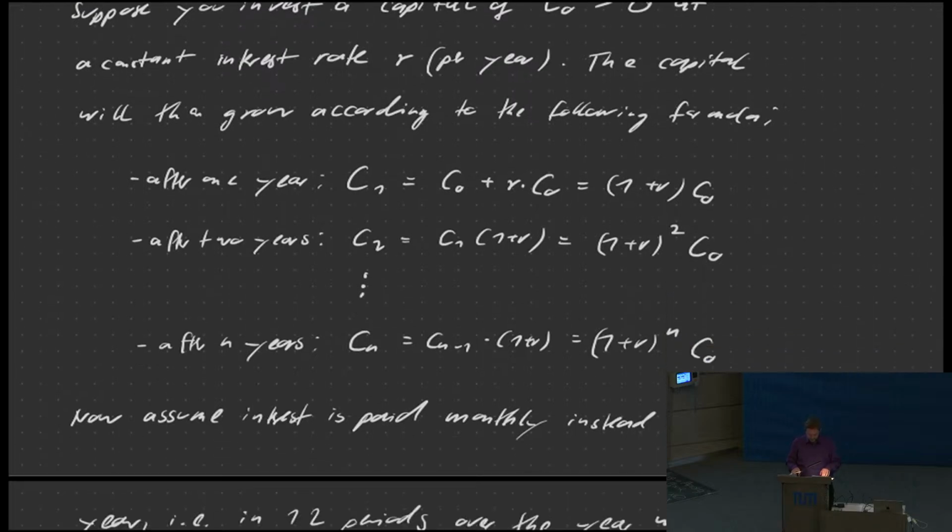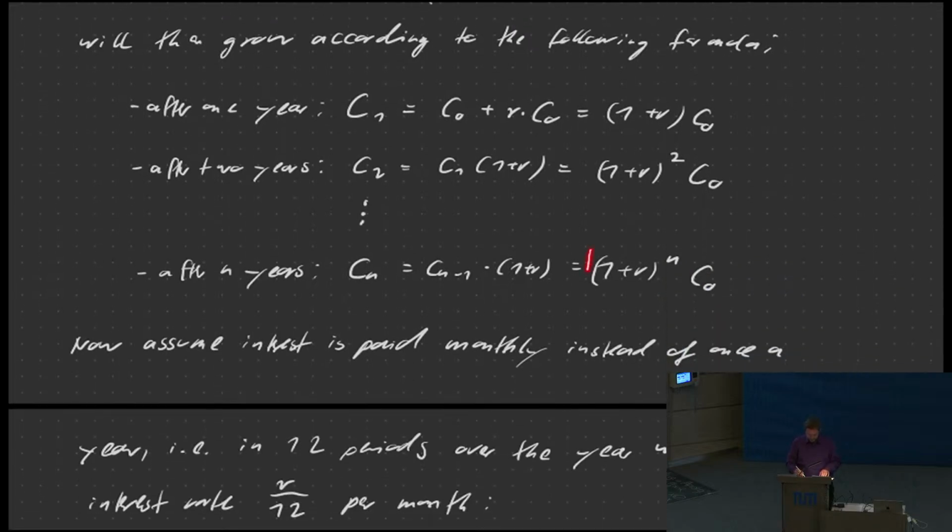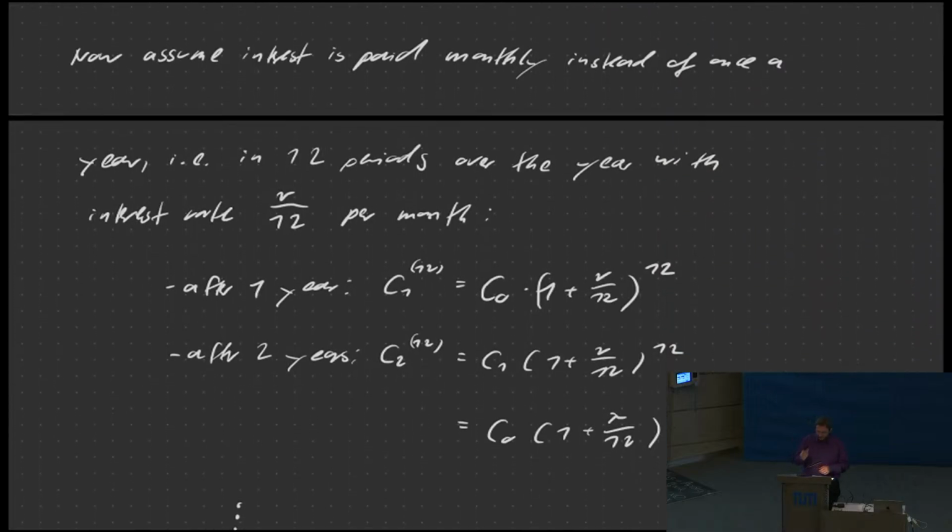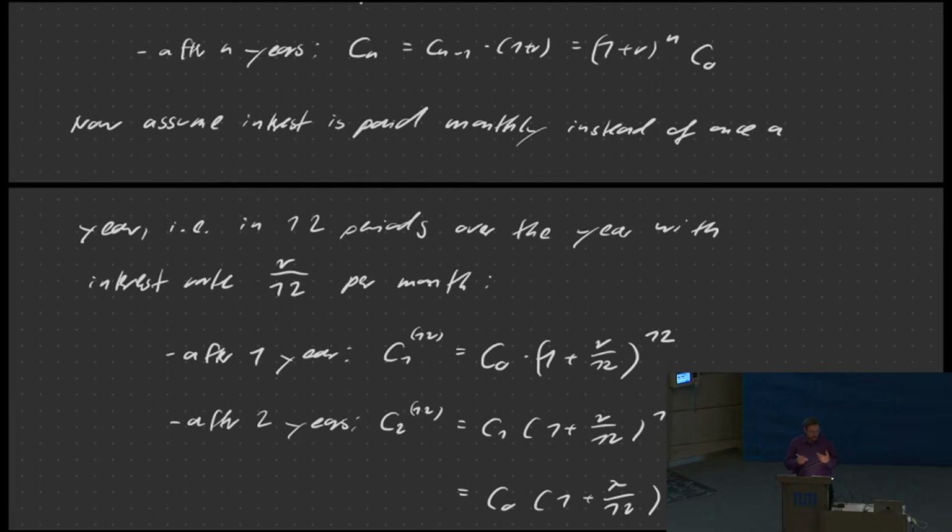And of course you can see that after n years this has grown to 1 plus R to the power of n times your original investment. This is what we call discrete compounding, because you receive your return on the investment each year in discrete time steps, once a year.